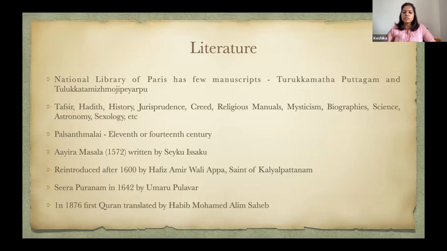The National Library of Paris has a few manuscripts. The first evidence that we have of Arabic script is the Pal Santa Malay, which some say is from the 11th century and some say the 14th century, but we are still not sure which century it was.